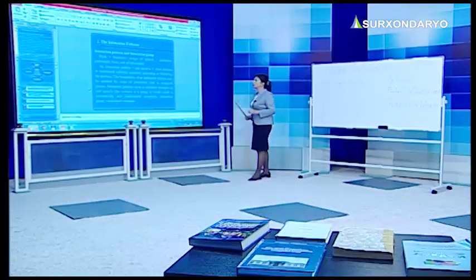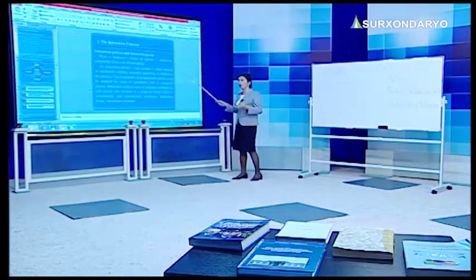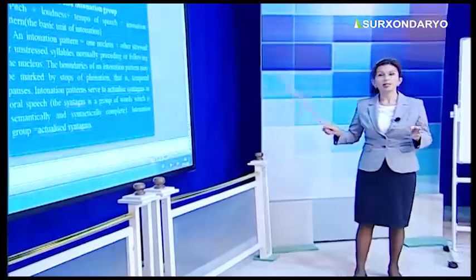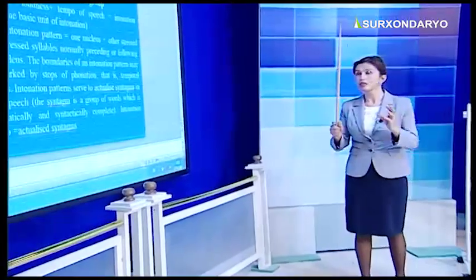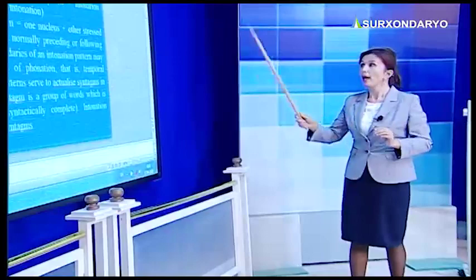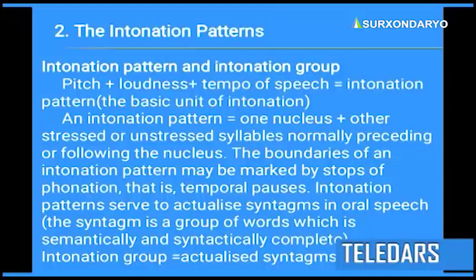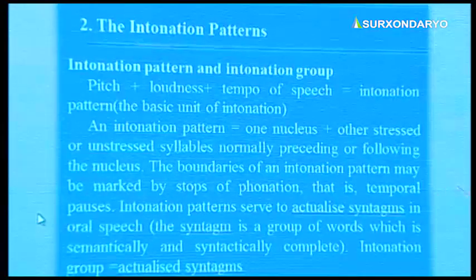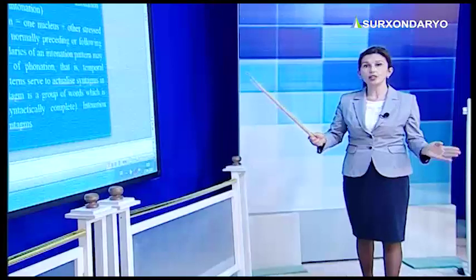So, intonation patterns. What is an intonation pattern or intonation group? As we mentioned before, pitch, loudness, and tempo of speech, these three are components of intonation patterns. An intonation pattern includes one nuclear syllable and other unstressed syllables following or preceding the nuclear.